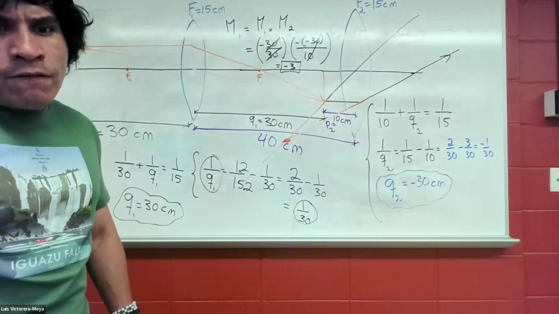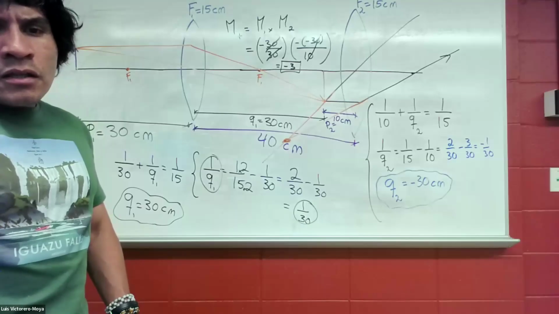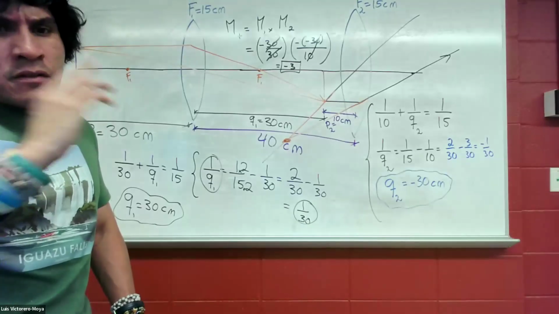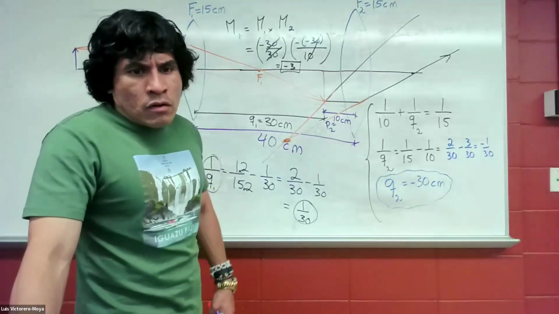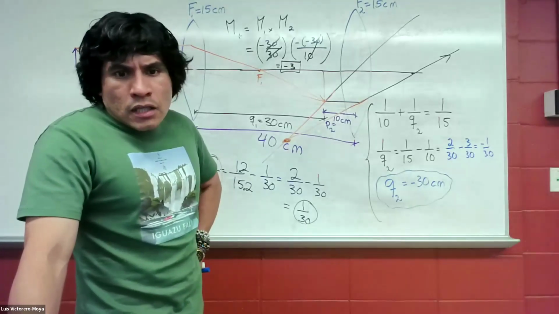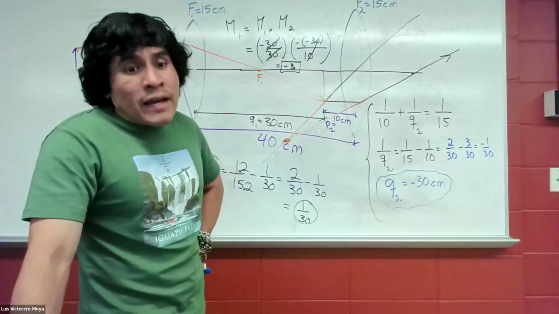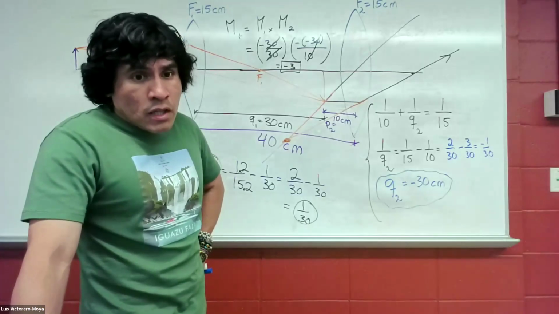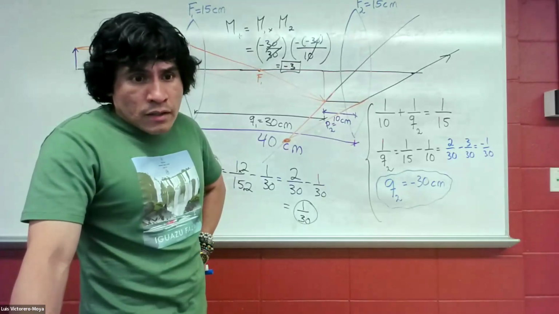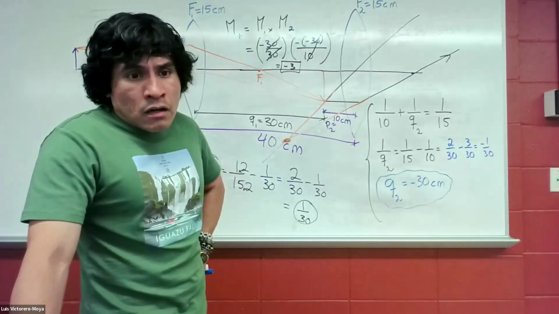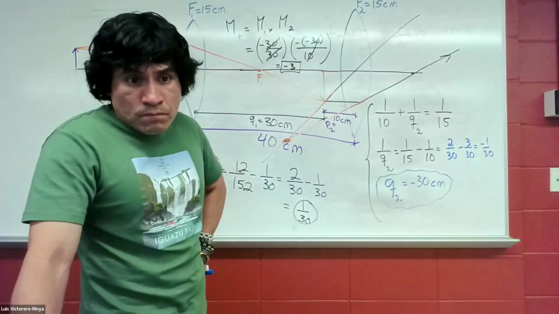Remember that for a flat mirror, guys, the object and the image are at the same distance. So if you are standing in front of a mirror that is flat, your image will be at the same position behind the mirror. It's a virtual image. There's no magnification for flat mirrors. And for a flat mirror, the image is always virtual.